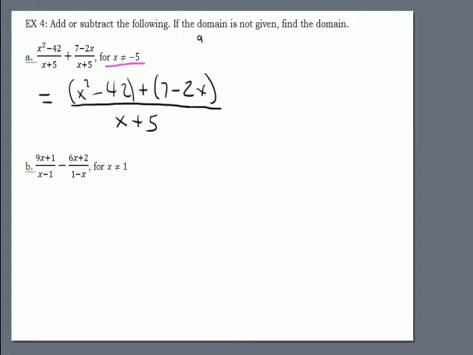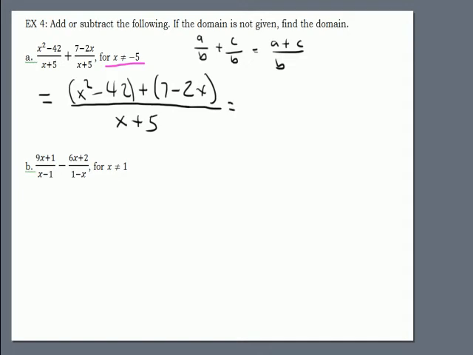Like we have something of the form a over b plus c over b should be a plus c over b. Now you'll notice I put these terms, the x squared minus 42 and the 7 minus 2x, in parentheses. For this particular problem, it's not going to matter. That is, with an addition problem, that's not going to affect the problem. We want to be more careful when we're dealing with a negative, or a subtraction like we are on the next problem.